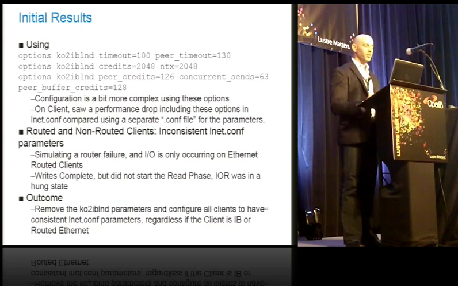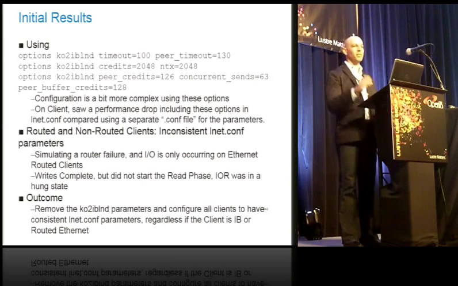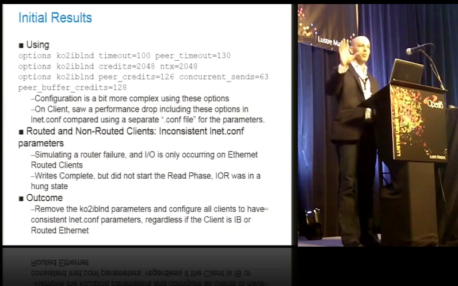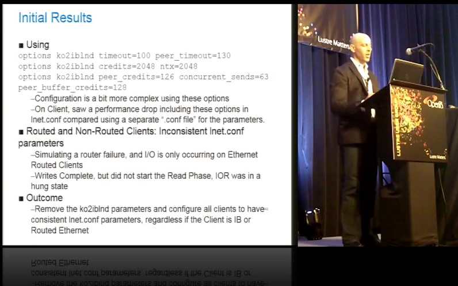The other thing I thought was interesting was the inconsistency of the lnet.conf configurations between the InfiniBand clients and the Ethernet clients. When I ran my simulated testing via IOR, where I mounted the file system on IB but ran IOR over the routed Ethernet clients, I saw some interesting I/O characteristics with the inconsistent LNET configurations across the client side.